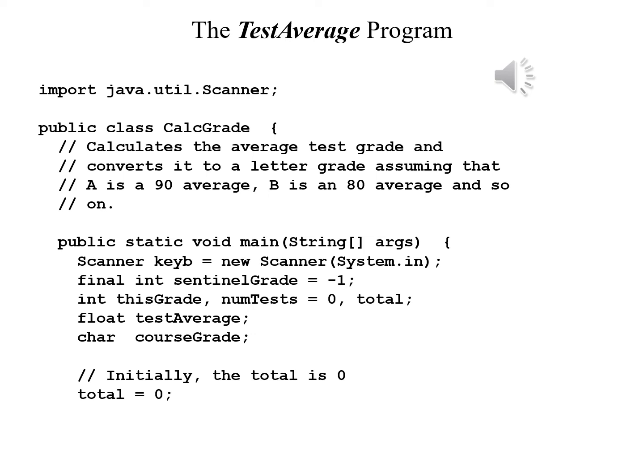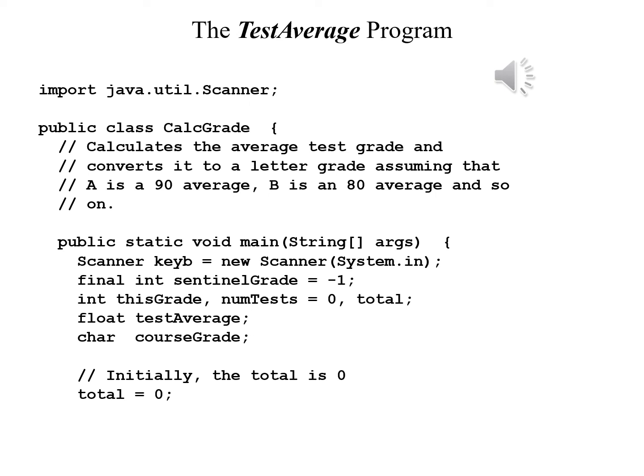I write a header for the main method, public static void main(String[] args). And again, because I'm using keyboard input, I write Scanner keyboard = new Scanner(System.in). I want the sentinel value to be a named constant, so I write final int SENTINEL_GRADE = -1.